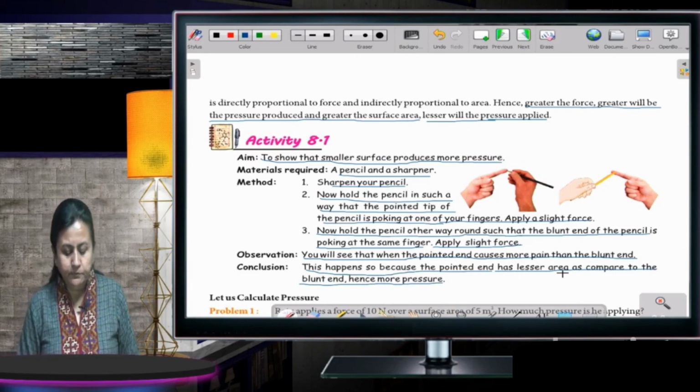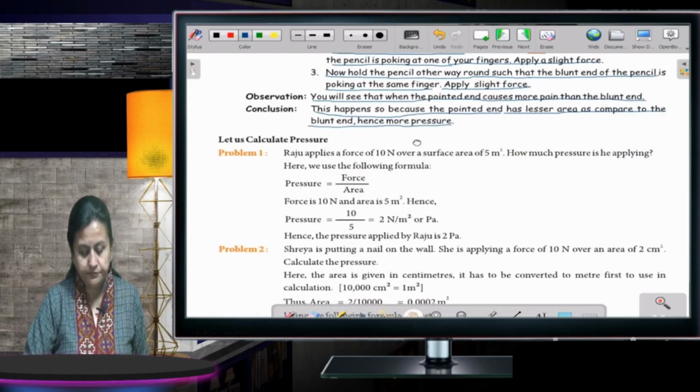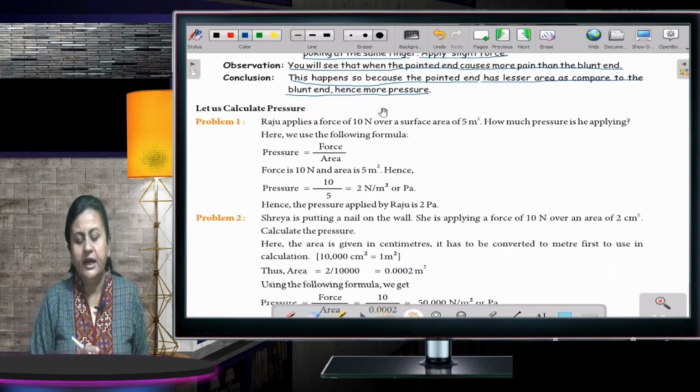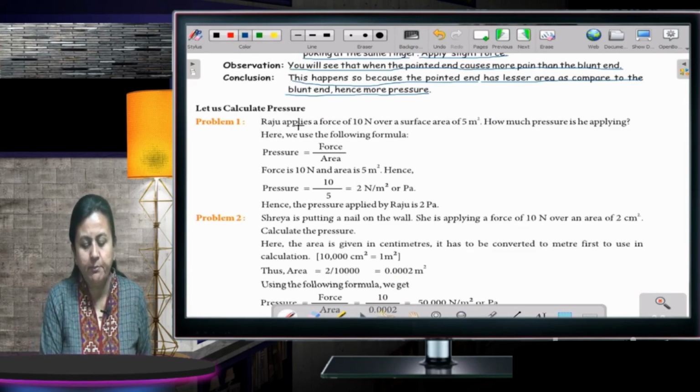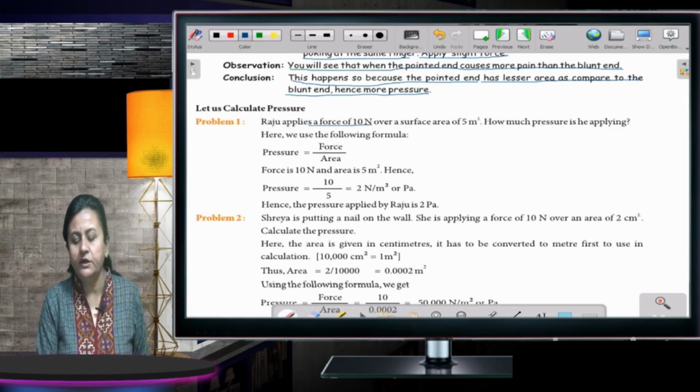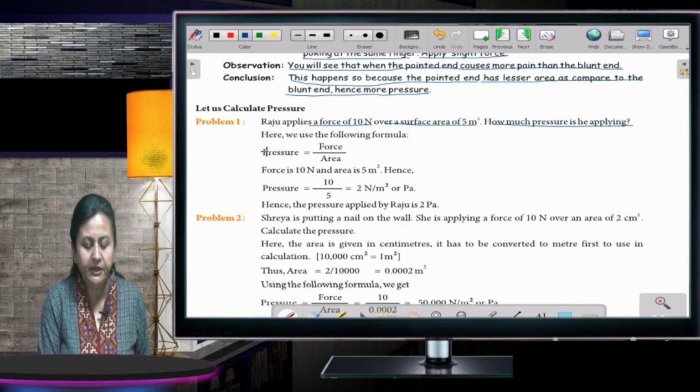Fine, children, just now I have explained this. Now, moving to the next one. See, Raju applied a force of 10 Newton over a surface area of 5 meter square. How much pressure is he applying? I told you in the beginning, the formula for calculating pressure: pressure is equal to force upon area.